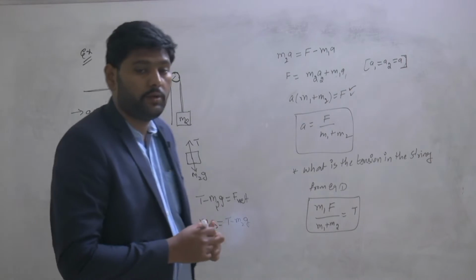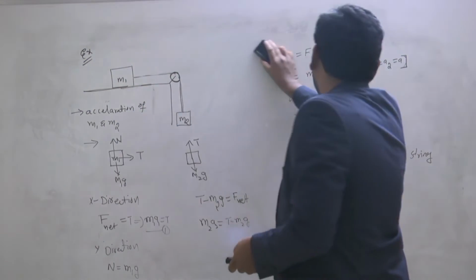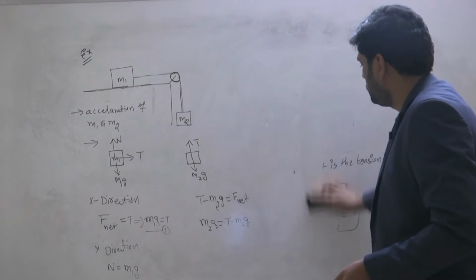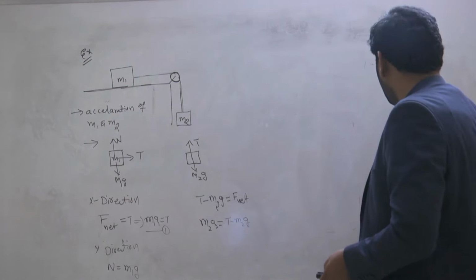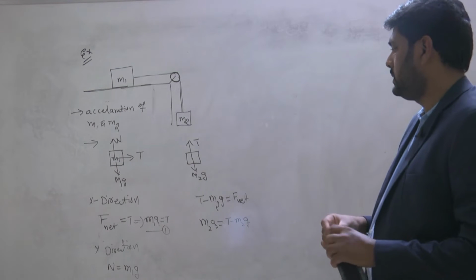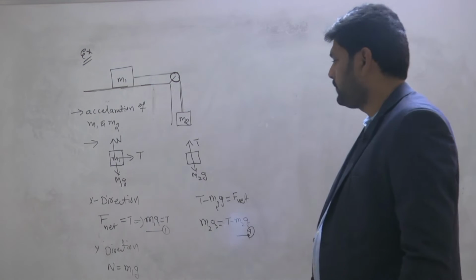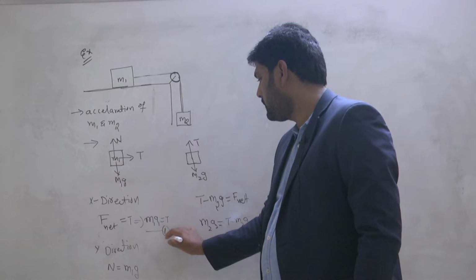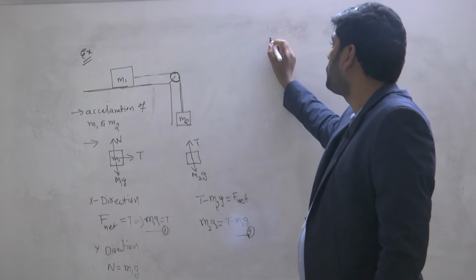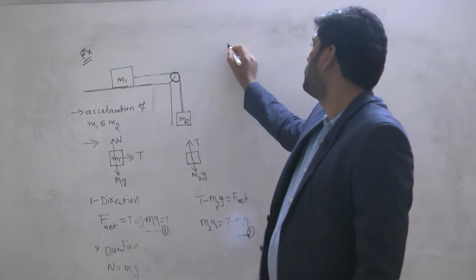So this is the way you have the net force. This is equation 2, and this is equation 1. Now from here, what can you take? You can apply this tension value in this relation.